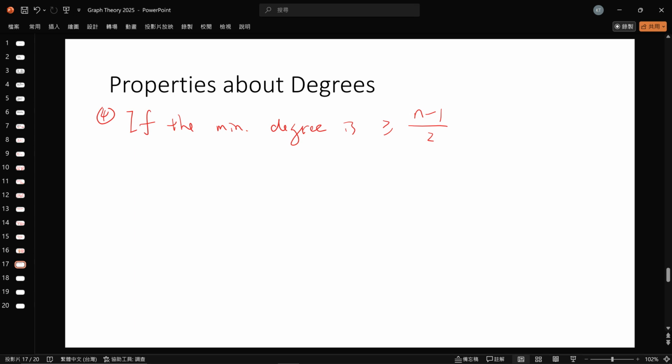So previously, the threshold is (n minus 1) divided by 2. I'm going to, again, minus 1. So now this one is smaller than the previous threshold. So we have the same question: can we guarantee that the graph must be connected, given this minimum degree condition?